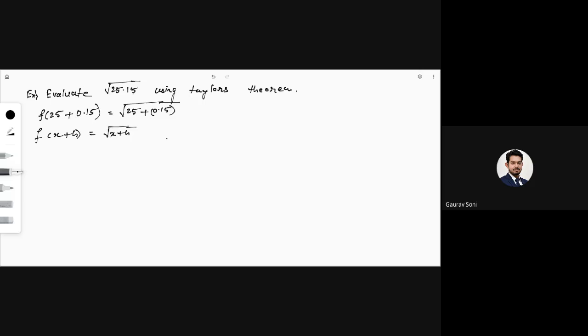So expansion in powers of h is, so f of x plus h is equal to f of x plus h into f dash of x plus h square by 2 factorial f double dash of x. Further terms I will leave it.